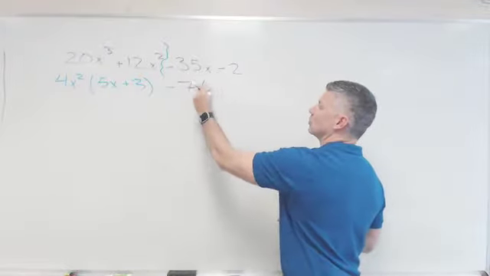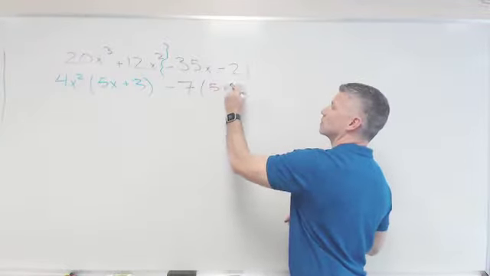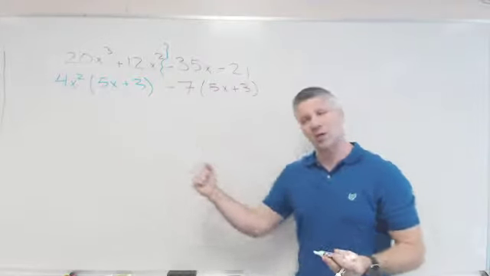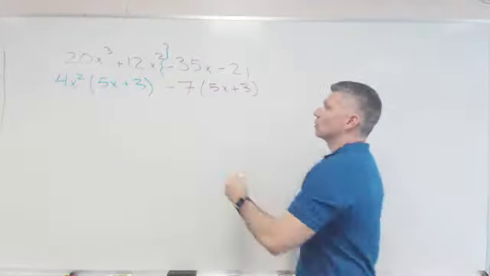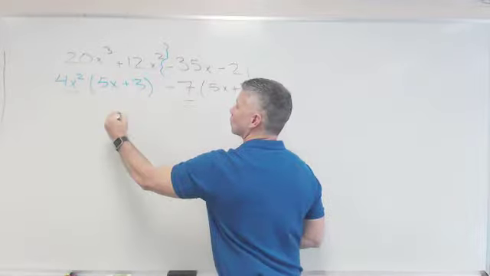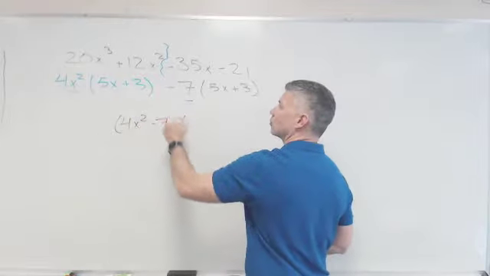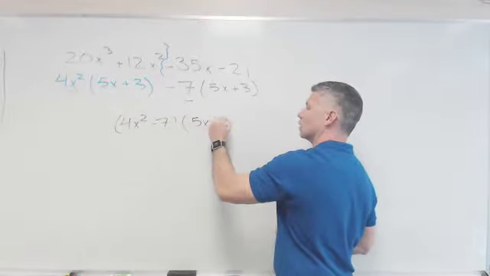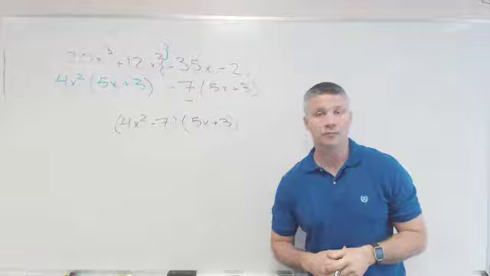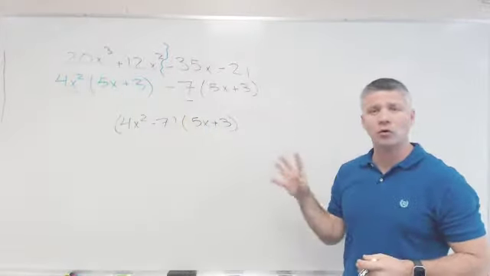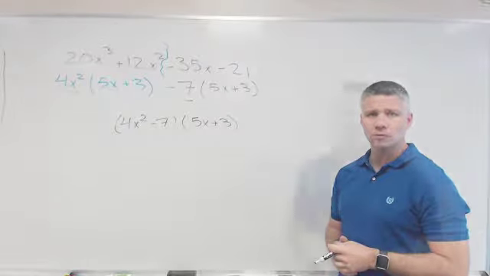And that leaves me with 5x plus 3. My parentheses are the same. Excellent. Add my coefficients. 4x squared minus 7. Parentheses stay the same. And there you have it. Just like that, we were able to factor a 4-term polynomial.